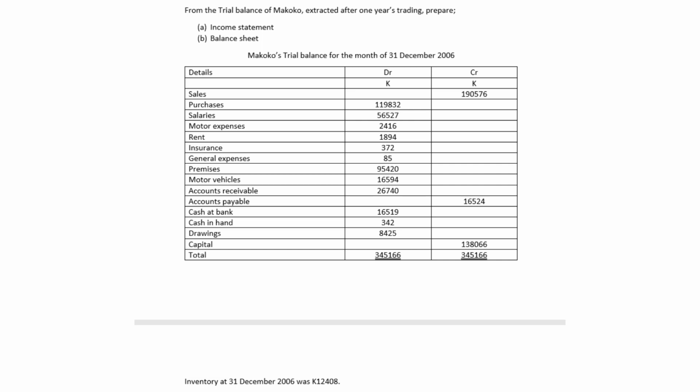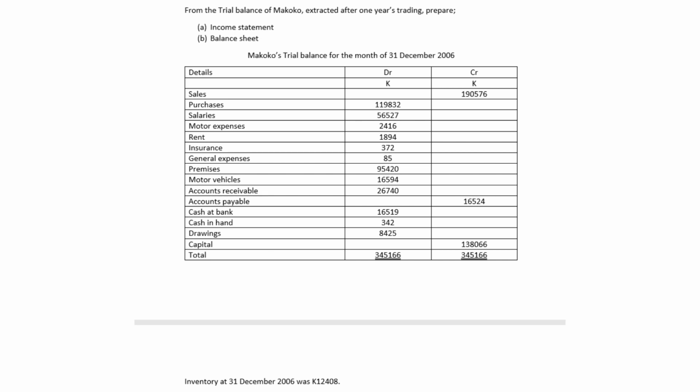Capital amounting to 138,066. And our totals on the debit side and on the credit side is 345,166. Then we have been given inventory. Inventory at 31st December 2006 was 12,408.